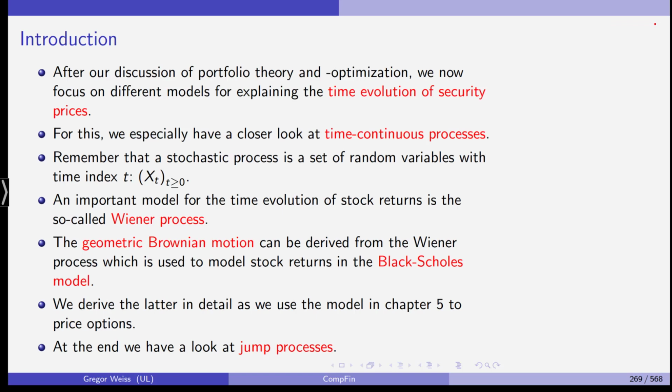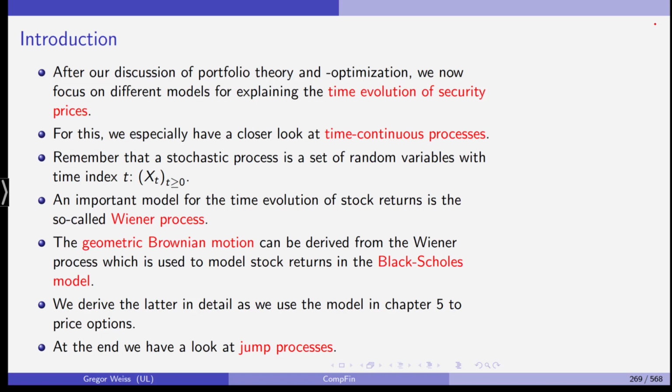Okay. Now, we've talked about portfolio theory, we've talked about optimization, and we've seen different models for the optimization of a function. What we are now trying to do is come up with models for the time evolution of stock prices, for example.